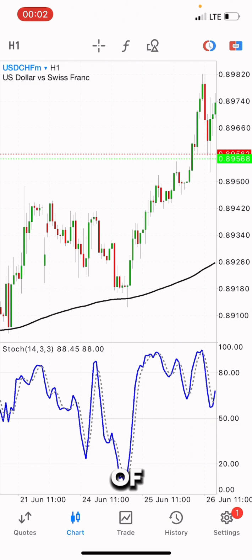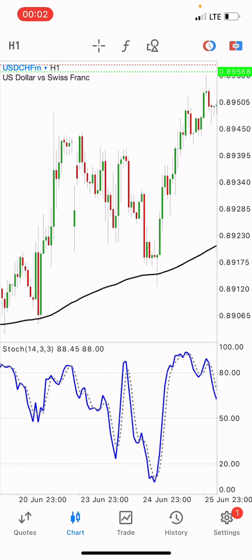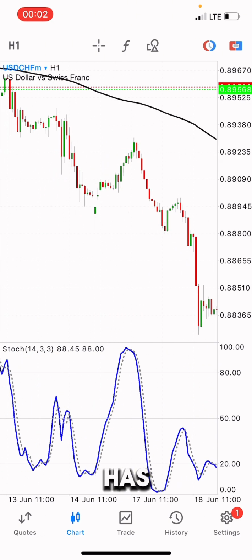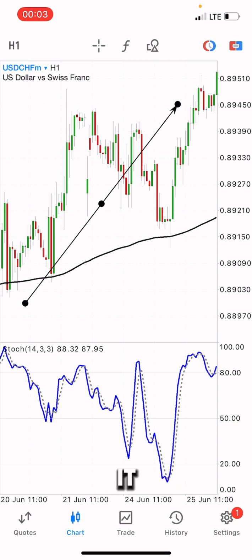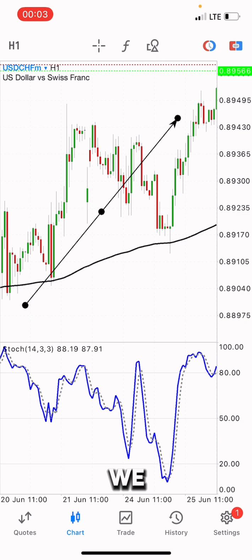Let me give you an example of a buy. You can see price has been in a downtrend, and what happened next? The market crossed above the moving average, signifying that it was going up. So what do we do next?